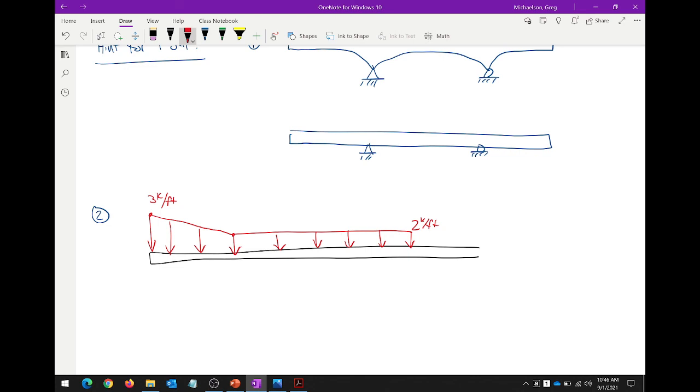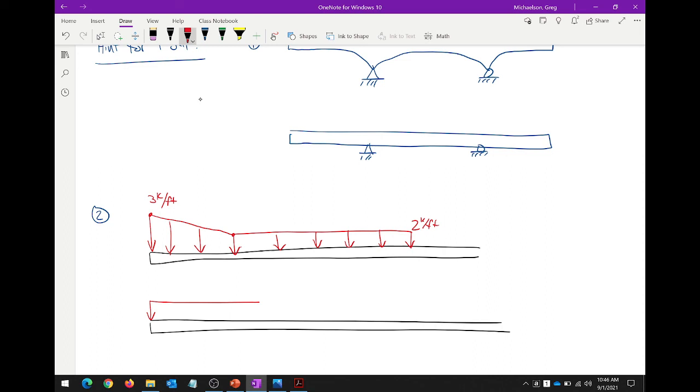And what I'm suggesting that you do is treat this like two separate distributed loads. To keep it simple, you have one load that goes like this, and then another load that is a triangular load like this.